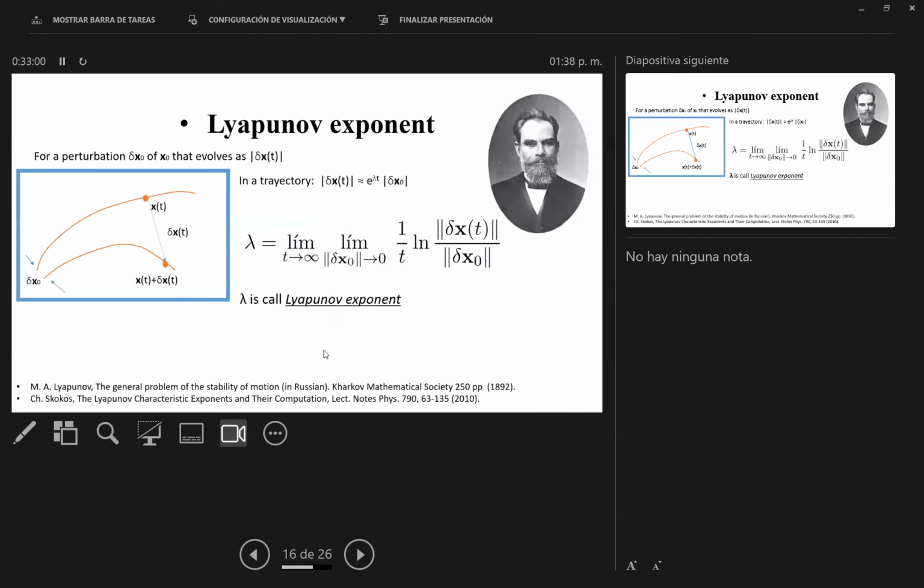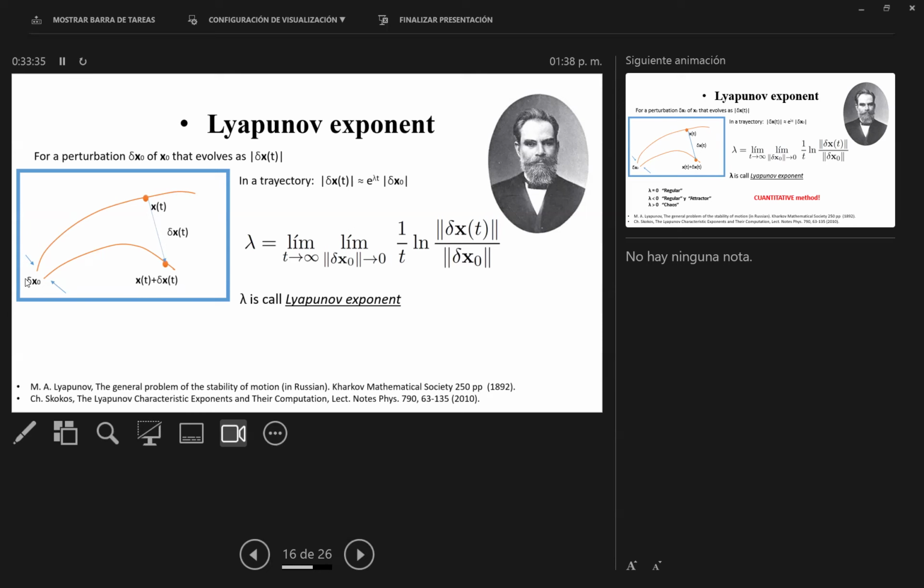Now I will tell you about the classical dynamics. For this, I will tell you about the Lyapunov exponent and the explanation of this quantity. Basically, the Lyapunov exponent is a measure of separation. We start with an orbit and a small perturbation of it. In the beginning, they are very close, with a distance delta x.